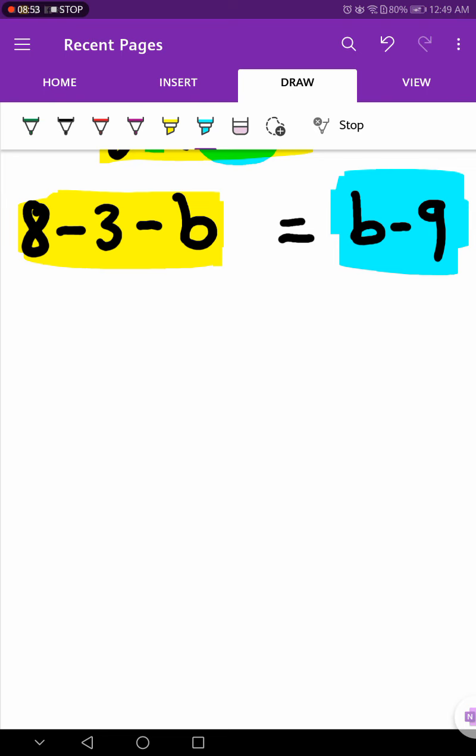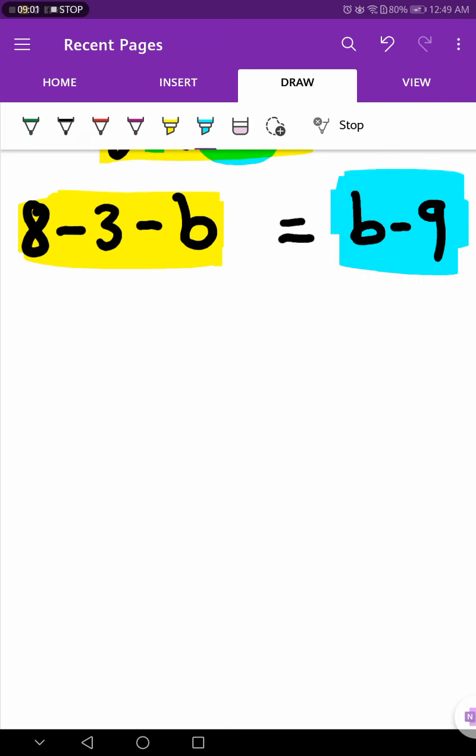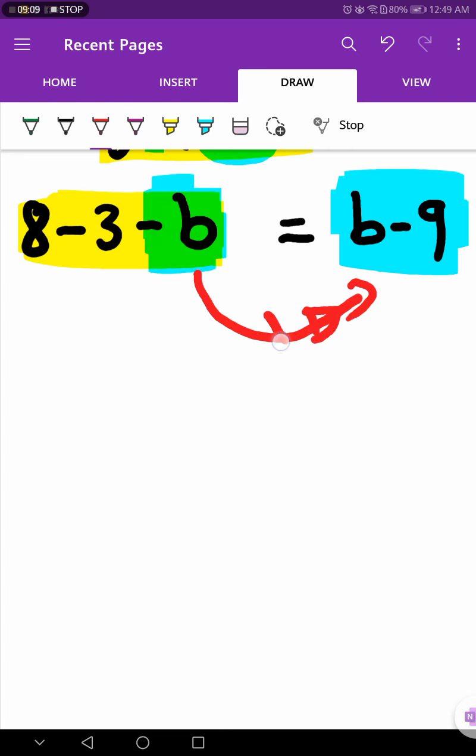Now here I have the b here. I will move this b, this negative b to the other side. Teacher, every time you move this variable to here.